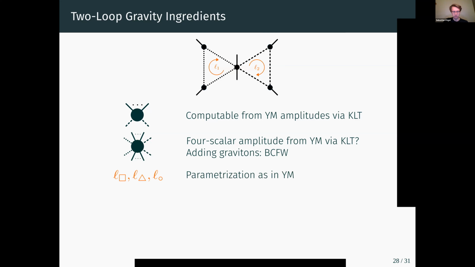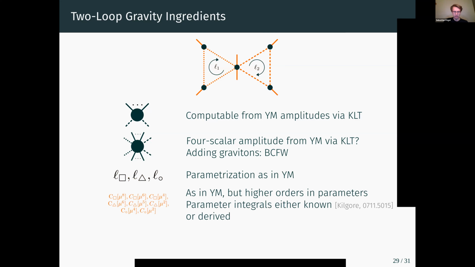But then the rest of the technology should again be just one loop. The loop momenta are again the same as in Yang-Mills. There are no more coefficients due to the different power counting in gravity, of course. And there are also additional integrals in the loop momentum parameters required for the triangles and bubbles, but these are either already known or I was able to derive them in essentially the same fashion.